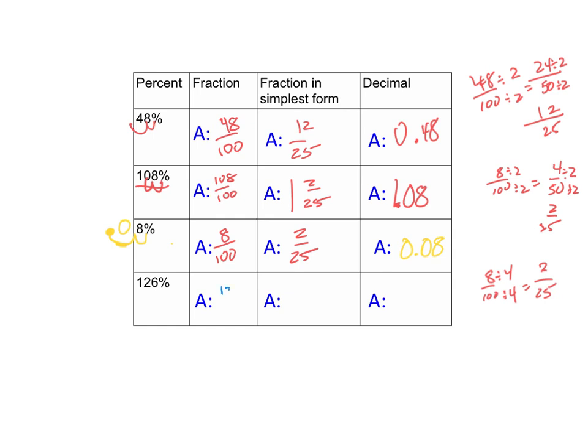All right, and then hopefully you've done the last one. The last one is 126/100. Now I have to write it in reduced form. Okay, so these fractions, you guys know you have to do it like this.